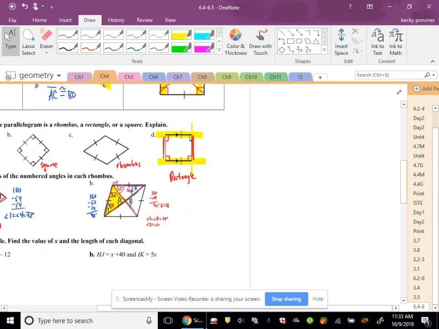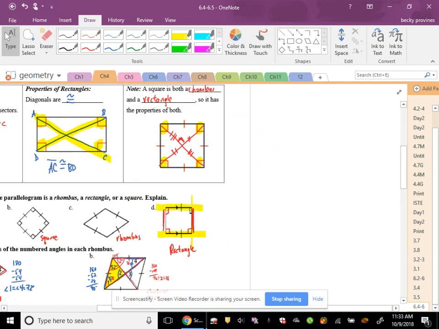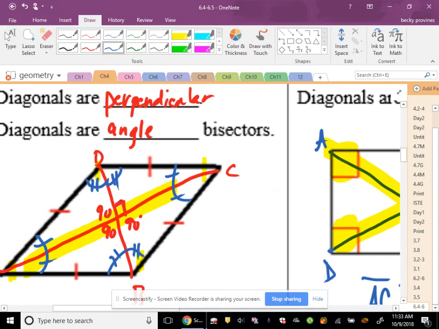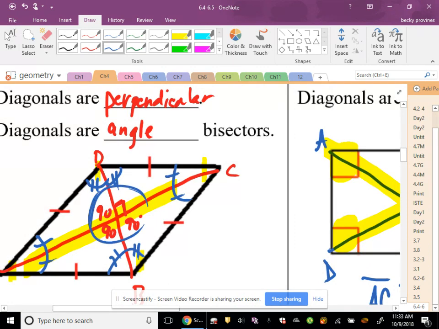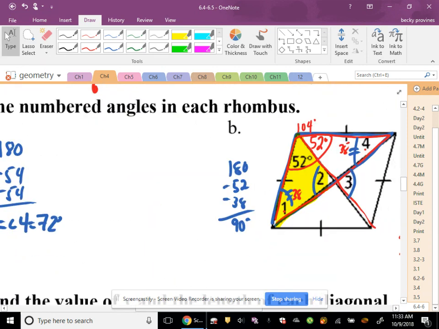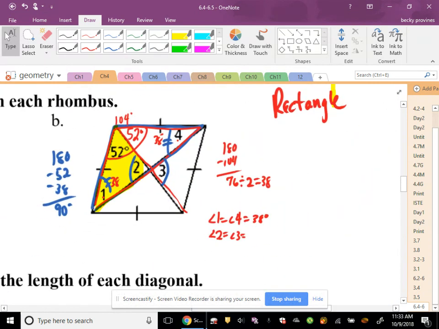You probably could have, because if you look back up here at a rhombus, what always happens? The diagonals are always perpendicular. So that one we could have found much easier, but we found it regardless. So angle 2 is going to be 90, and since they're vertical, they're both 90.